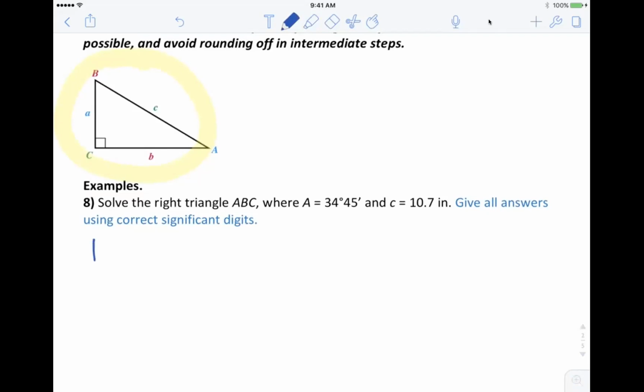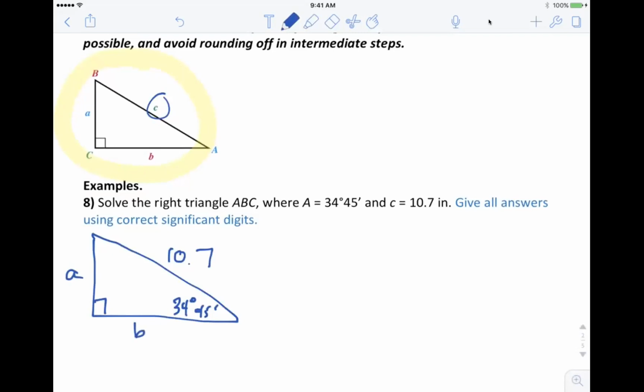I can draw a right triangle where this is 34 degrees 45 minutes, and c is the hypotenuse, 10.7 right there, right angle here. And then the sides that I don't know, I can just keep them variables, a, b, capital B. Those are what I need to find, a, b, and capital B.